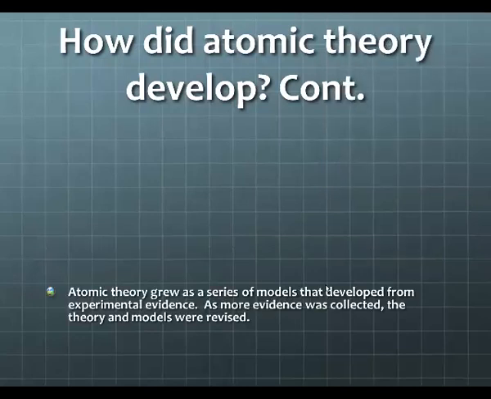So the atomic theory grew as a series of models that developed from experimental evidence. We took some experiments and we built models. And then we performed new experiments and adapted those models. So as more evidence was collected, the theory and models were revised, and they became updated, and they became more correct based on the evidence that was presented in new experiments.